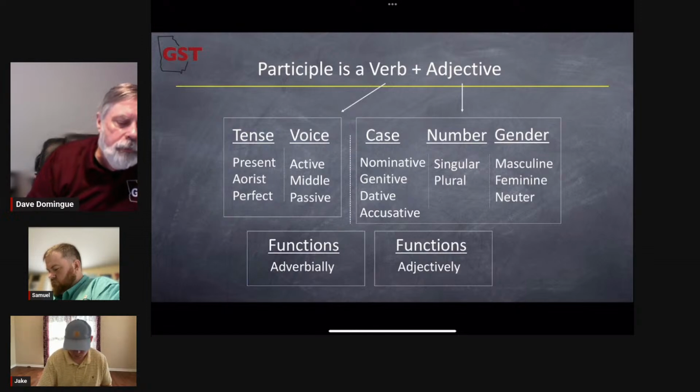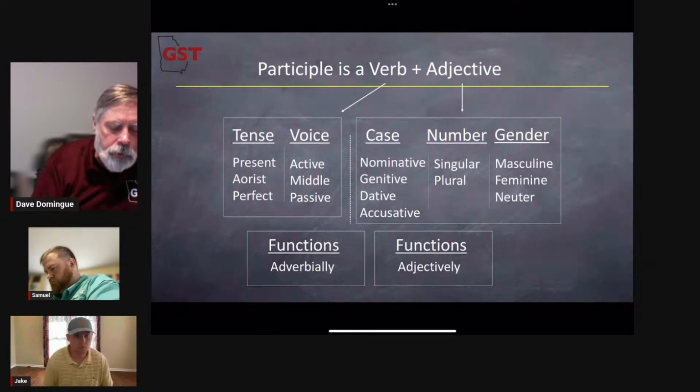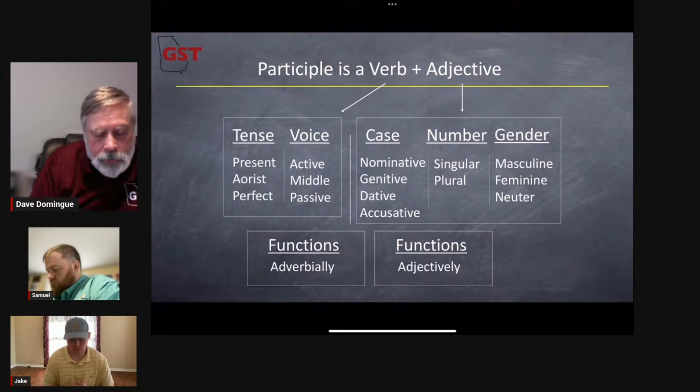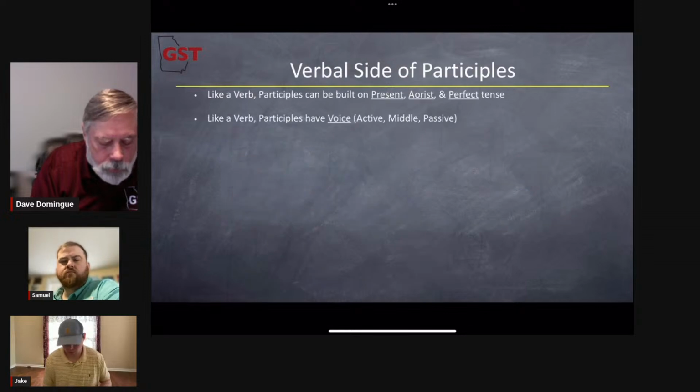That is adverbially, which we spent the last 2 weeks on, and I want to bring some more emphasis here, Jake, today. And then adjectivally, and like any adjective, it can modify or limit or describe a noun or pronoun, but it also can stand in place of the noun or pronoun. So a participle functioning adjectivally can do the same. So we're going to focus a little bit on that and a quick review, at least pretty much what we just said here.